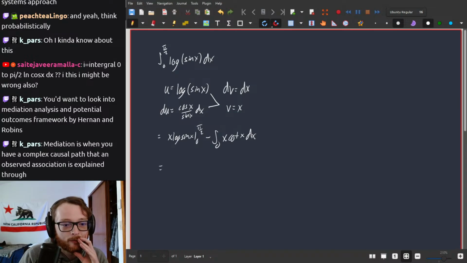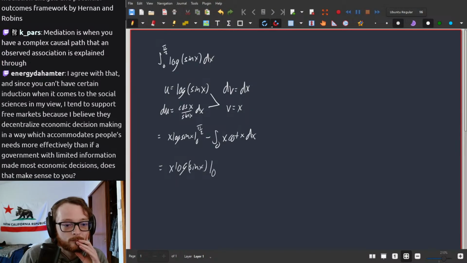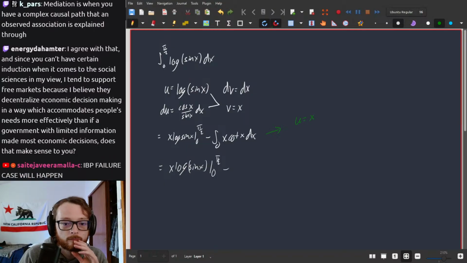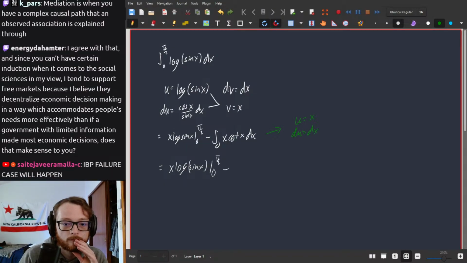This is like a L'Hopital's situation. Oh shoot, integration by parts. Okay, does anyone know the derivative of cotangent offhand? That's minus cosecant squared. Never mind.